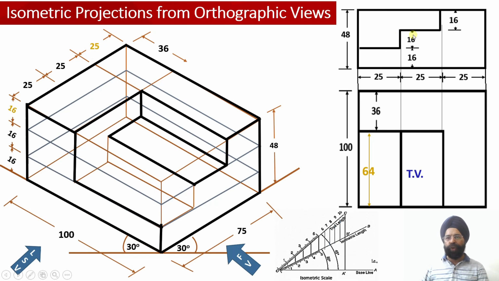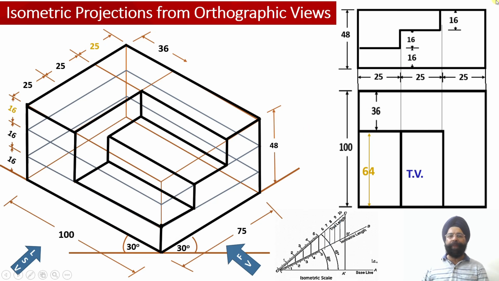So the flat portion of the second step has been appropriately located in the isometric projection, and again you move down to complete step number 2. This is the height of step number 2. This is the vertical face of step number 2, and then you move another 25 millimeter forward to complete step number 3.